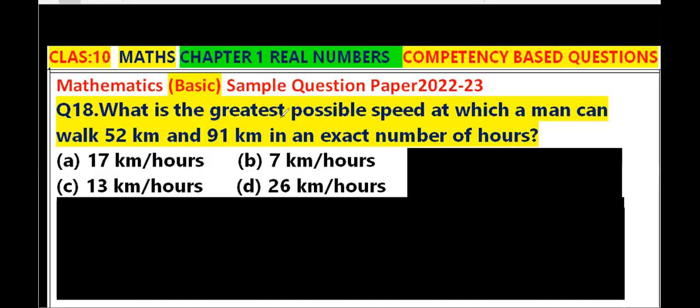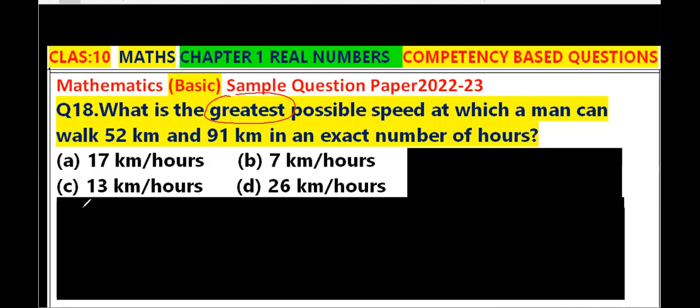What is the greatest, means highest possible speed at which a man can walk 52 kilometer and 91 kilometer in an exact number of hours? देखिए, what is written over here? It is written highest, greatest, means we have to find out the HCF of the two numbers.